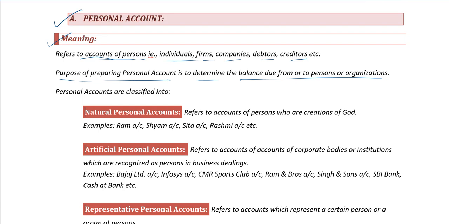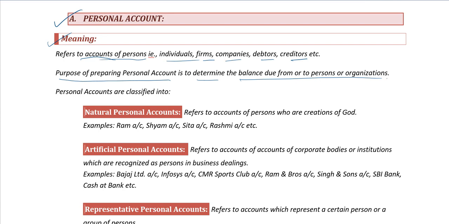So in case it's a debtor, the purpose of preparing the debtor account is to find out the balance which is receivable from the debtor. In case it's a creditor account, the purpose is to determine the balance which is payable by the business to the creditor.